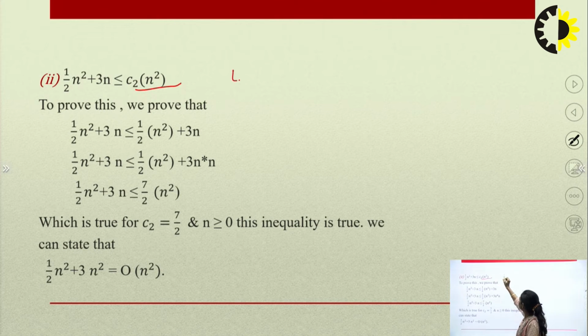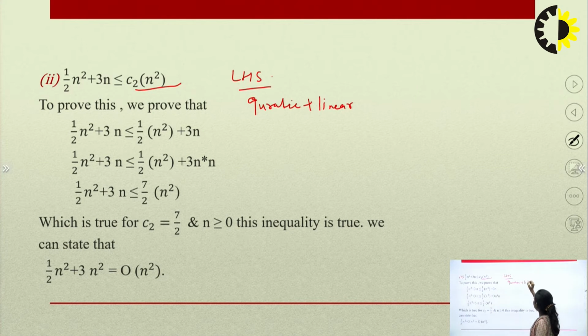The left hand side is a quadratic plus linear equation and the right hand side is a totally quadratic equation.